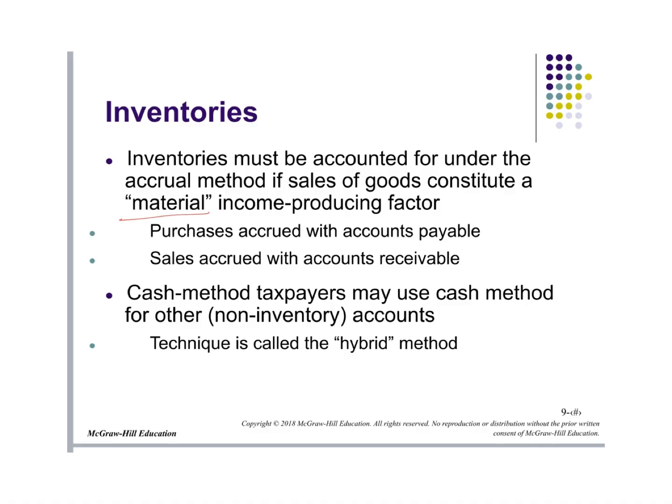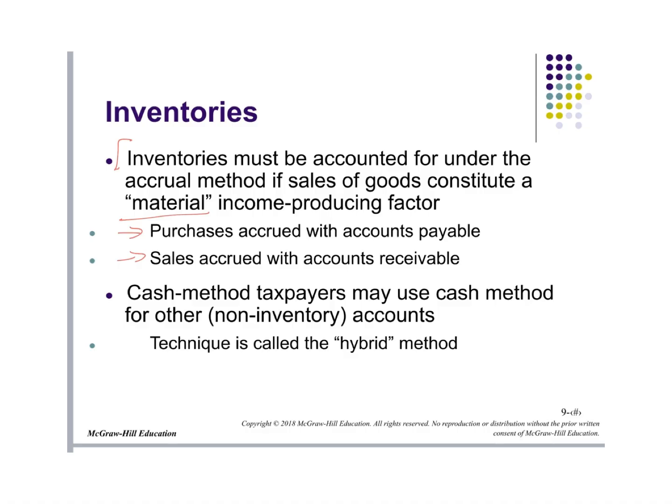Okay, so that means you have to have an accounts payable and you have to have an accounts receivable. Okay, if you're a cash method taxpayer, you can use the cash method for all other non-inventory accounts, but if inventories are a significant portion of your business, they have to be taken care of under the accrual.